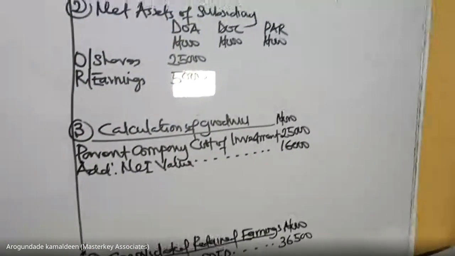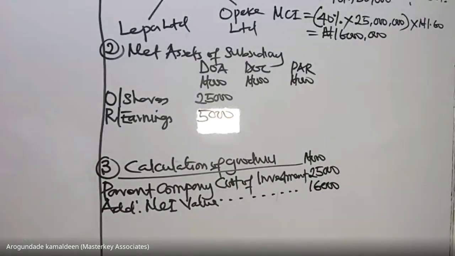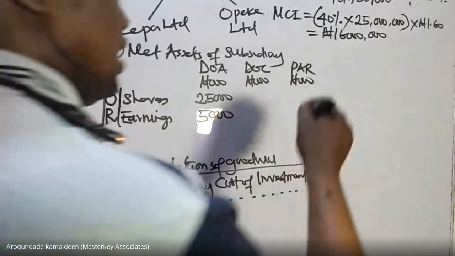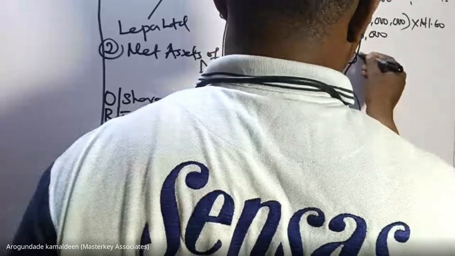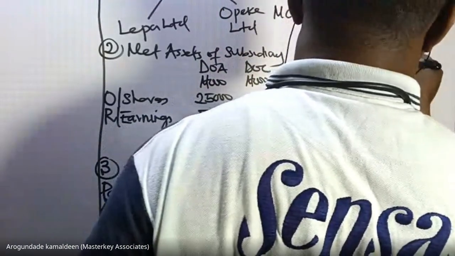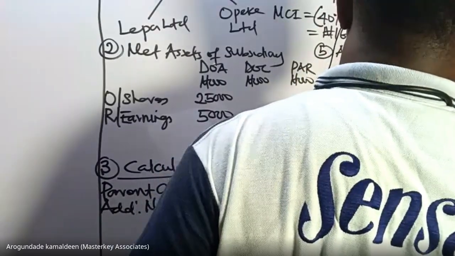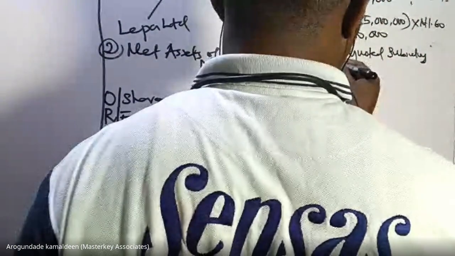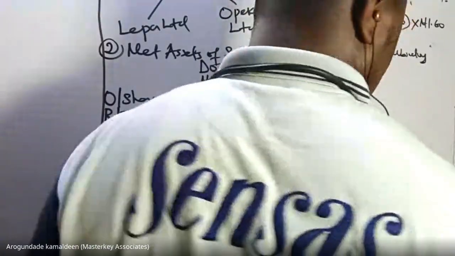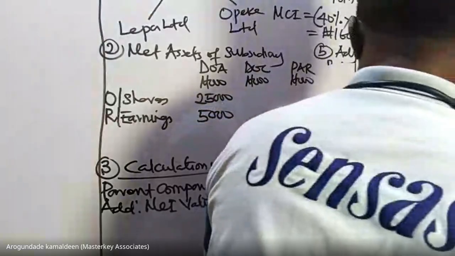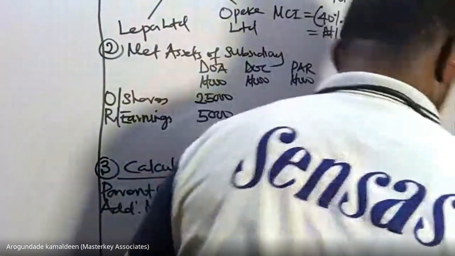So let's come here to note 5. Adjusted subsidiary retained earnings.